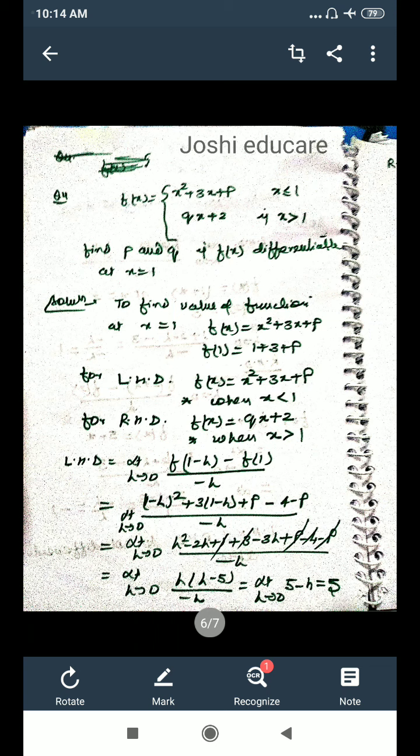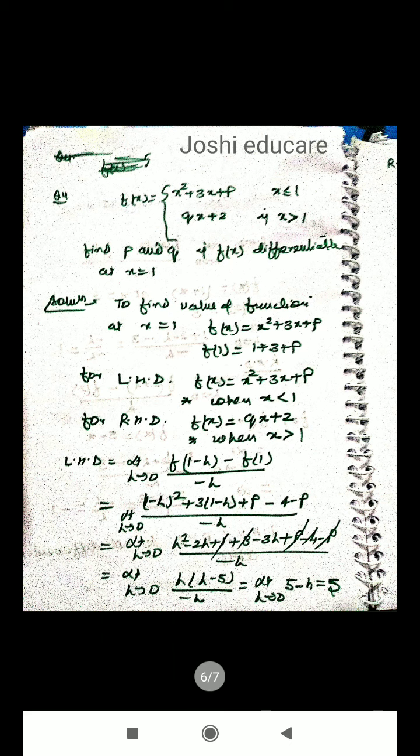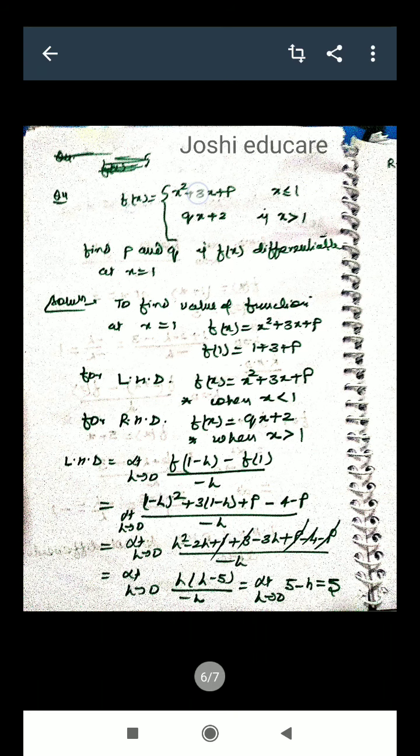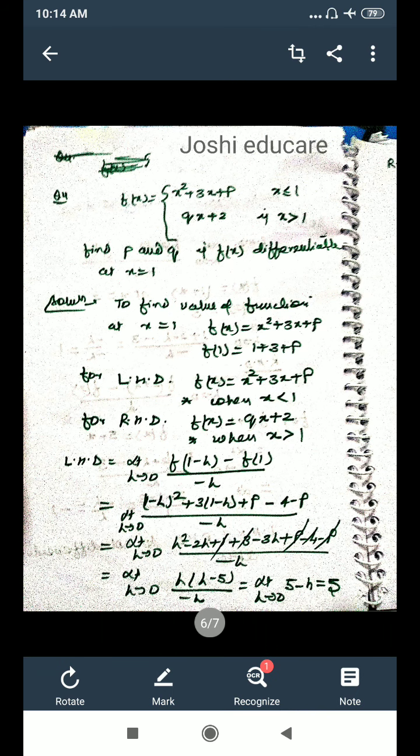So first of all, at x equal to 1, we will calculate left hand derivative. Now you can directly write this as a formula. Limit h tends to 0, f(1 minus h) minus f(1) divided by minus h. In left hand derivative, you will use this as a formula, for x less than 1. So put x equal to 1 minus h in this, you will get (1 minus h) whole square plus 3 into (1 minus h) plus p.